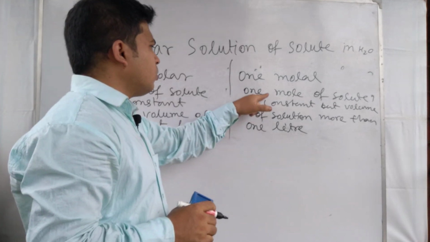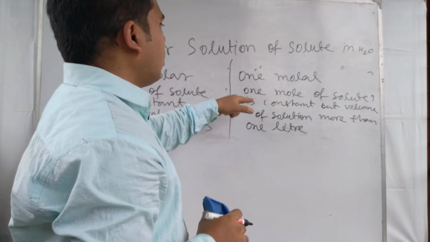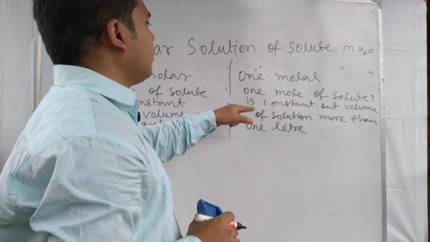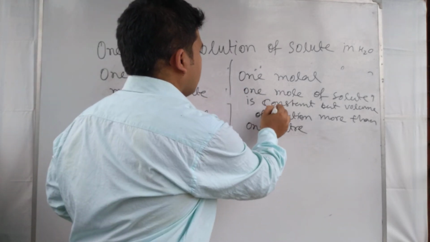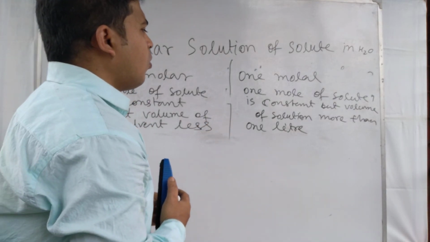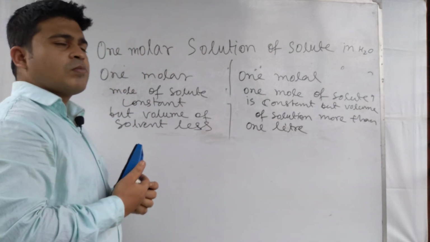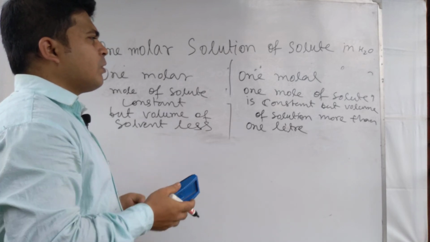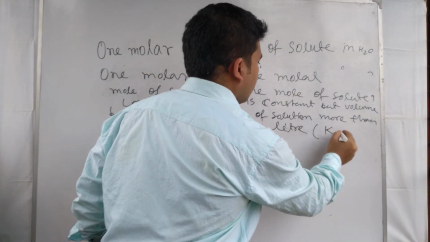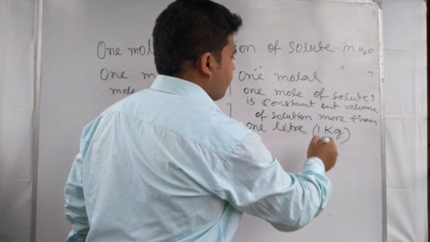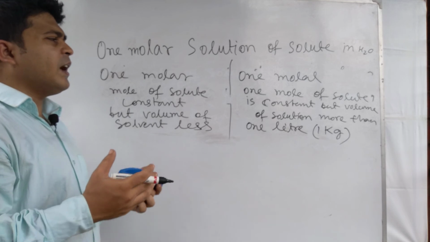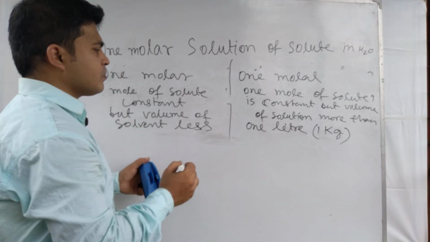And for the 1 molal solution, 1 mole of solute is constant, but the volume of solution is more than 1 liter, because 1 kg of water generally has a higher volume.